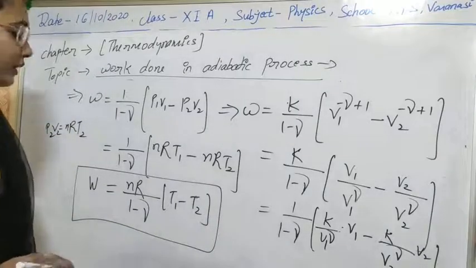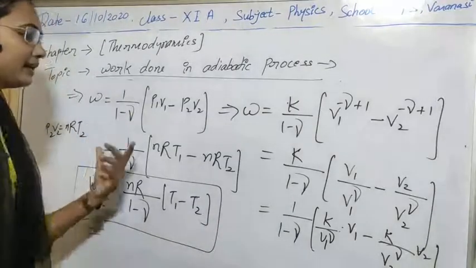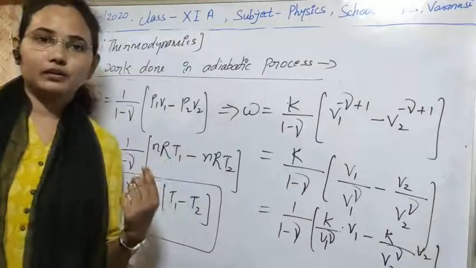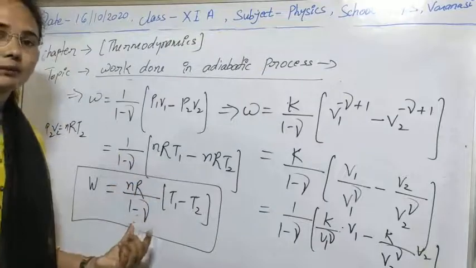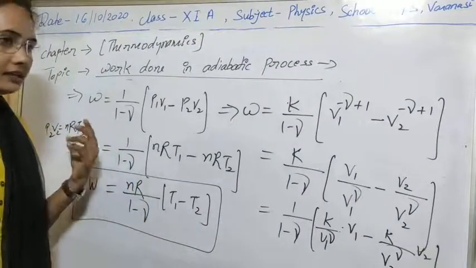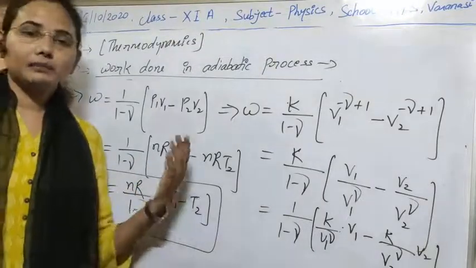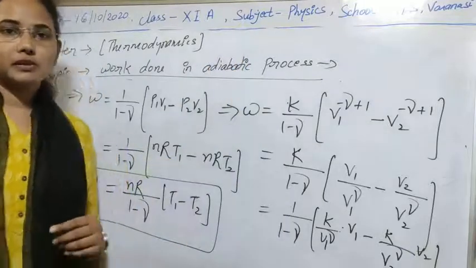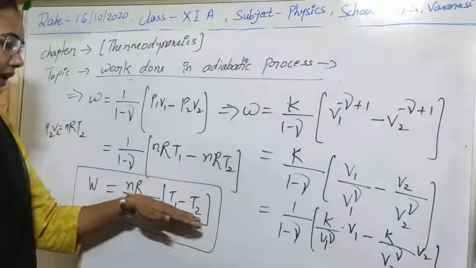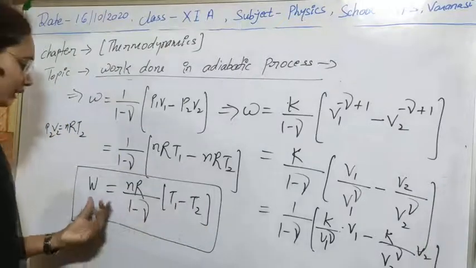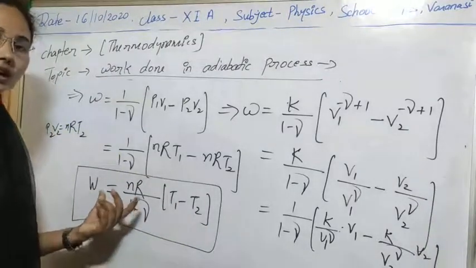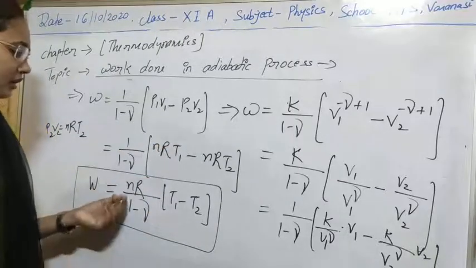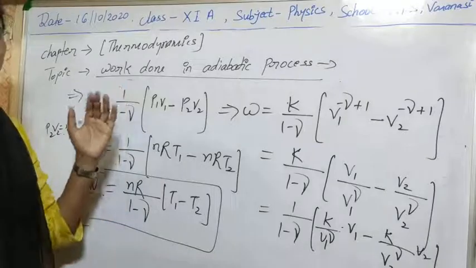This is the work done in case of an adiabatic process. It means if we know the initial temperature and the final temperature of the gas after it is allowed to expand adiabatically, then with the help of their difference we can calculate the work done to expand any gas adiabatically from volume V1 to V2.